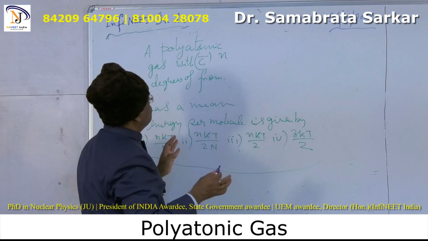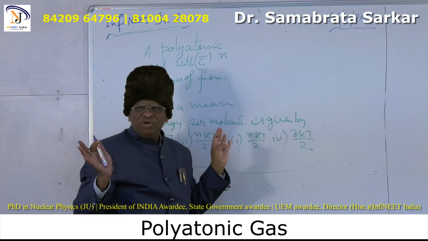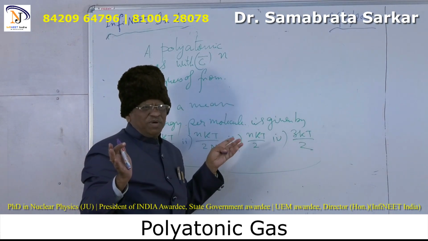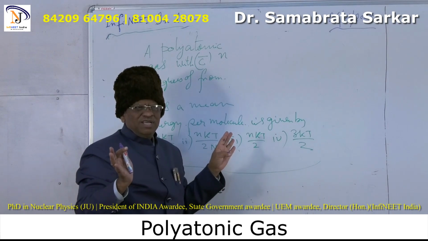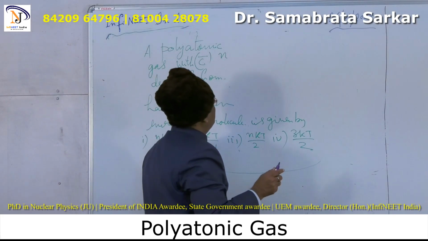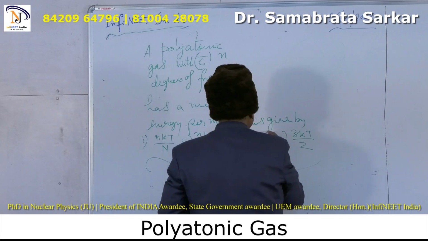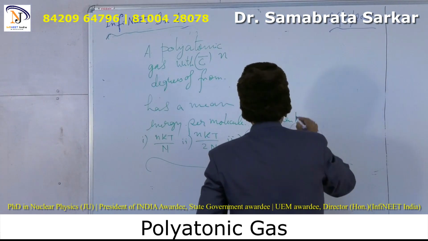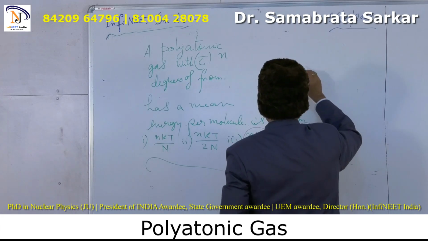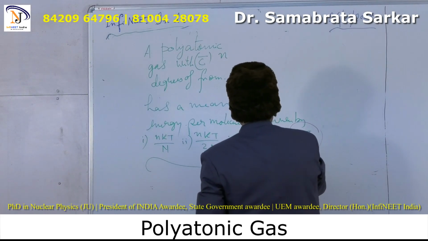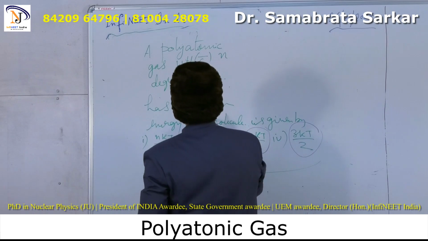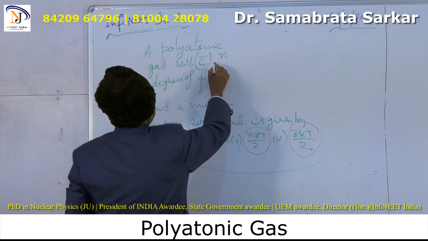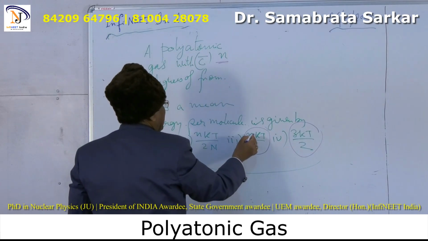A polyatomic gas. What about the gas being polyatomic? It is immaterial to us. What matters is the degrees of freedom. And you see here, this is k, this is k. This is n, with n degrees of freedom. This n is the degrees of freedom.